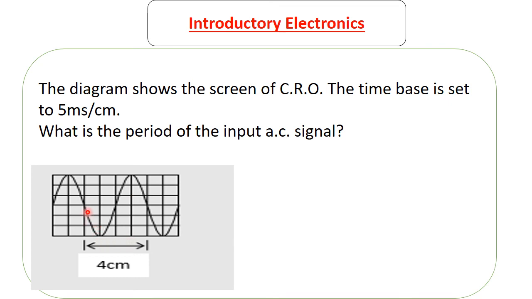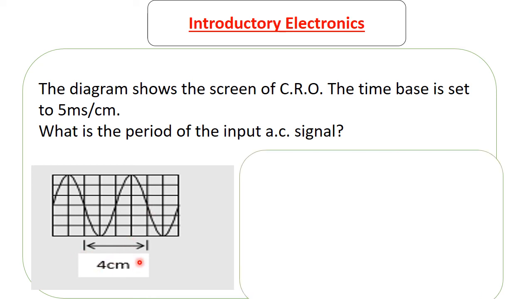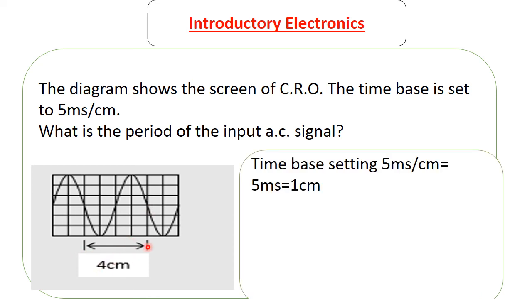So what's the period here? The period is when the wave repeats itself. If it starts from here, then it goes like this, and here is where it repeats itself, which is these 4 centimeters, which they have already measured for us. So the time-base setting is 5 milliseconds per centimeter, which translates to 5 milliseconds equal to 1 centimeter. What about 4 centimeters?